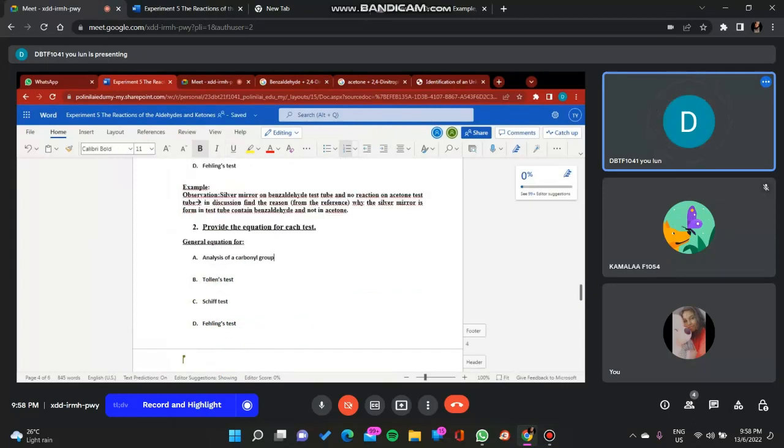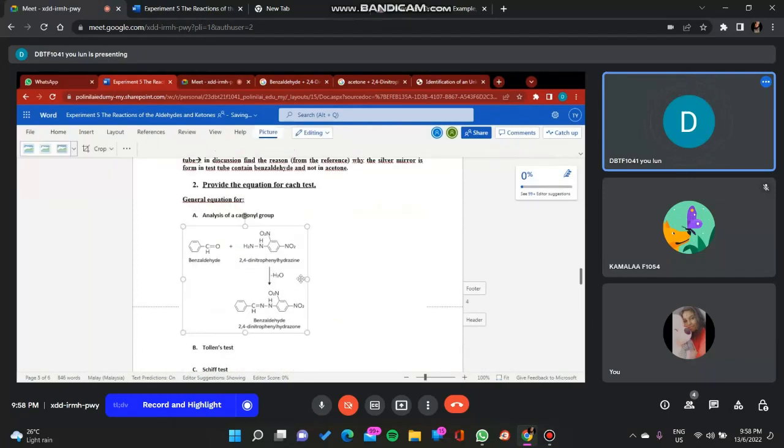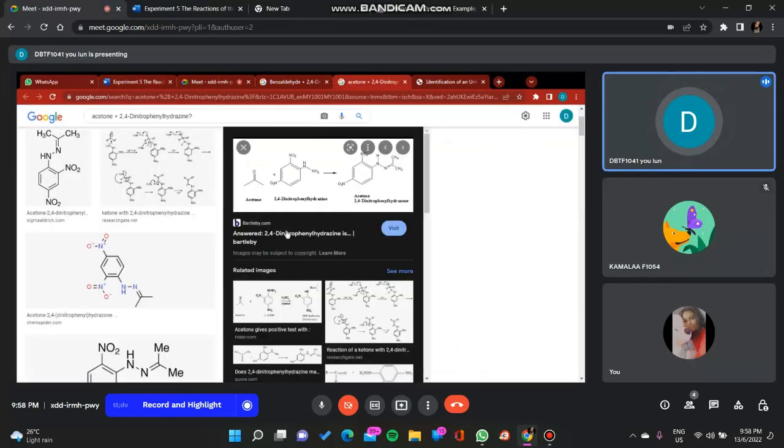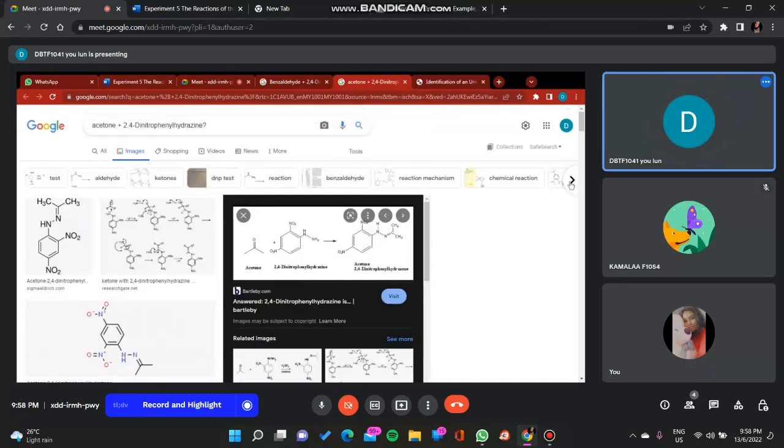The second one is acetone. When acetone reacts with 2,4-dinitrophenylhydrazine, it will form acetone 2,4-dinitrophenylhydrazone. This is the reaction.